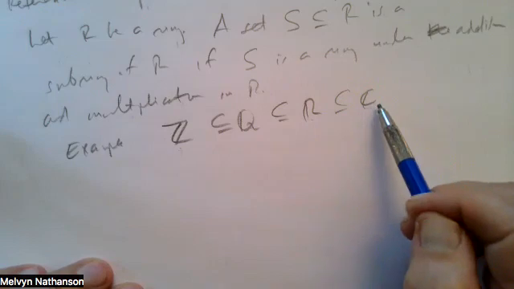The real numbers are a subring of the complex numbers. So this is a chain of subrings.